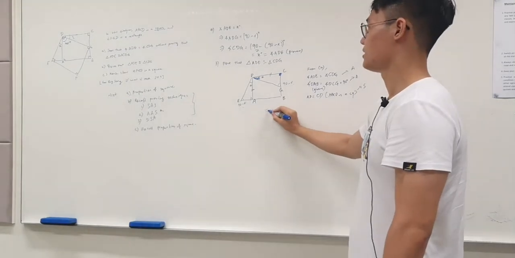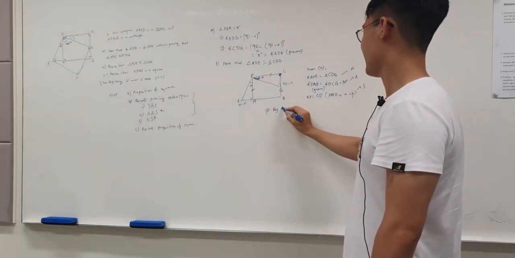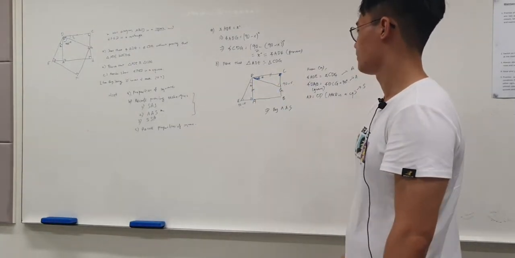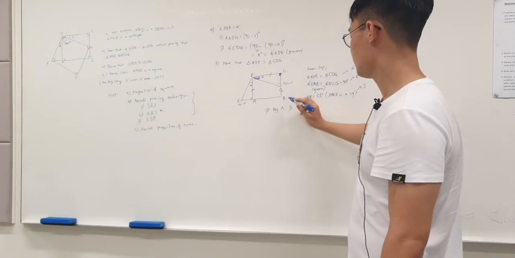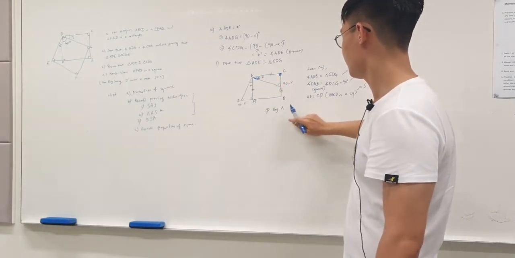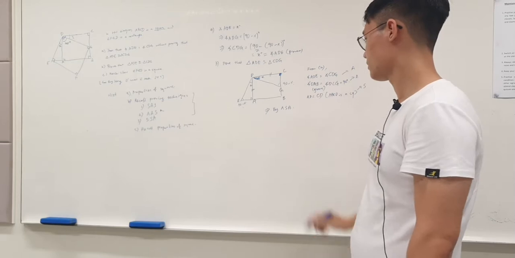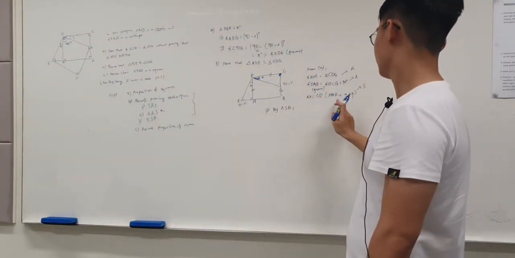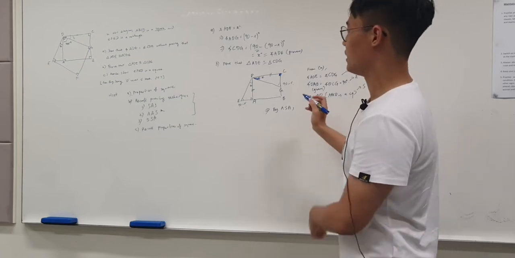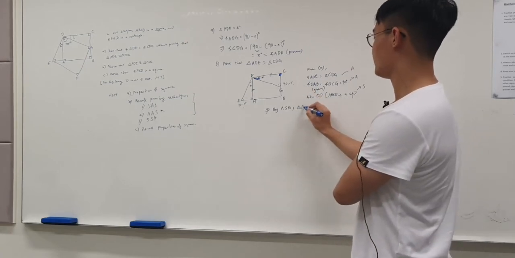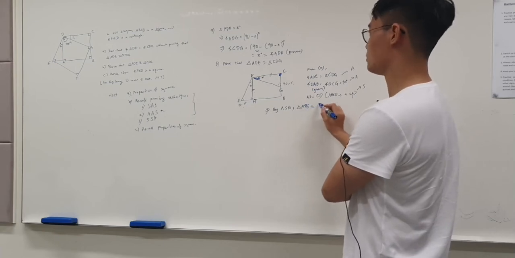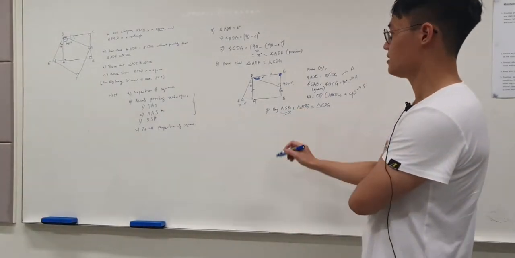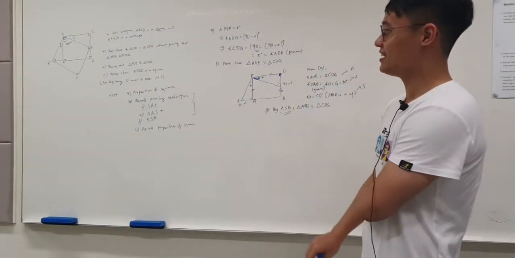And therefore, by angle, side, angle, by ASA, we have triangle ADE is congruent to triangle CDG. Okay, so sorry, this one was not inside the hint.